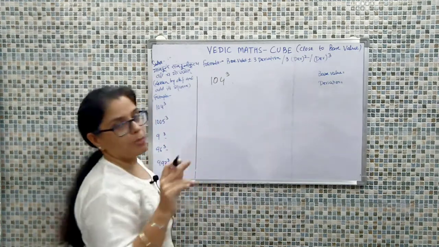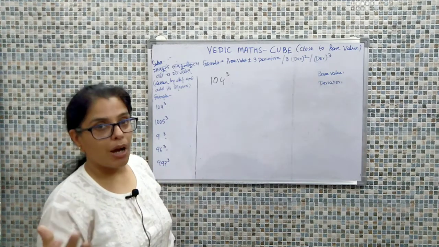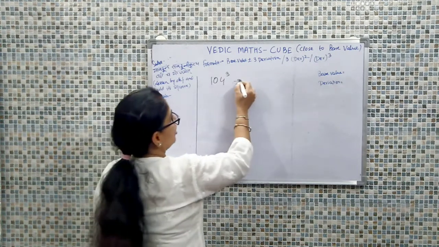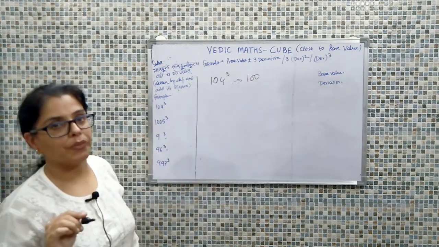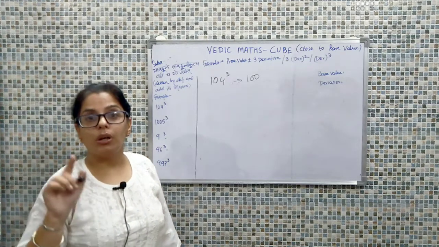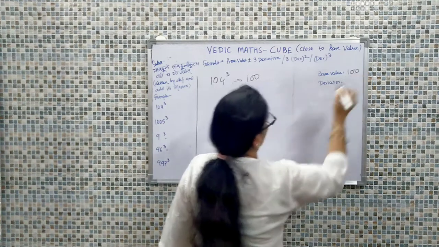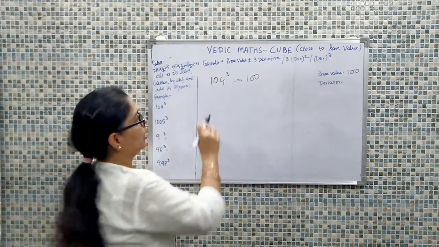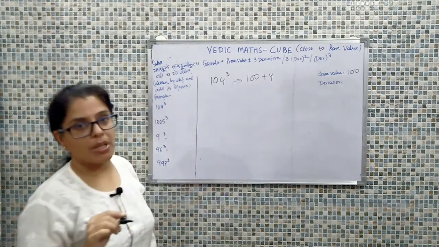The base value is the complete value in powers of 10. If we look at this particular number, it is closest to 100. Why did we take 100? Because we are talking about powers of 10. So the base value here is 100. Now, how much is this number off from that base value?